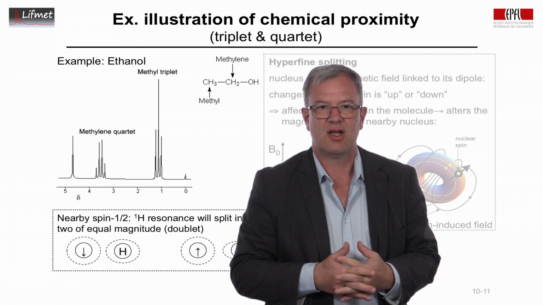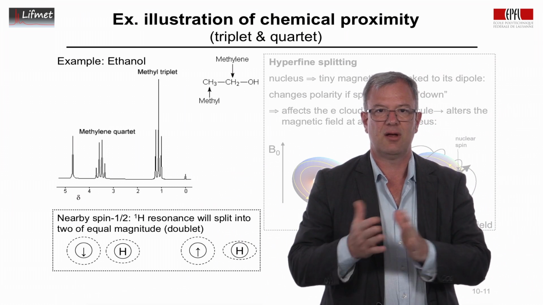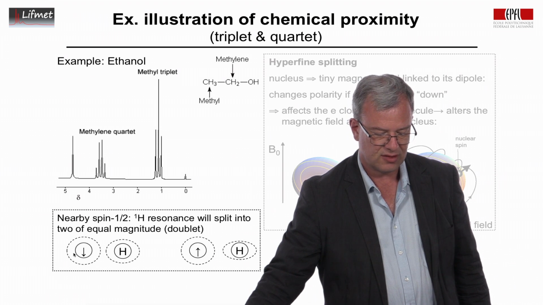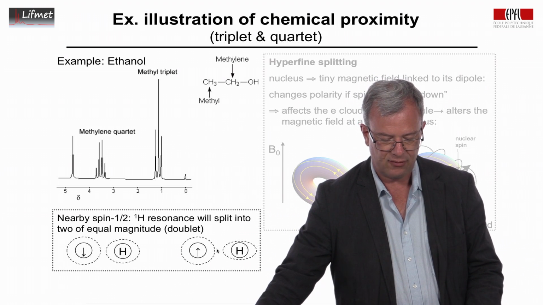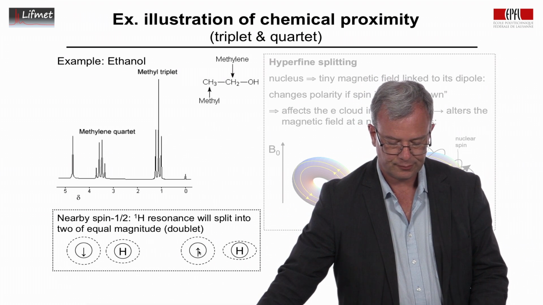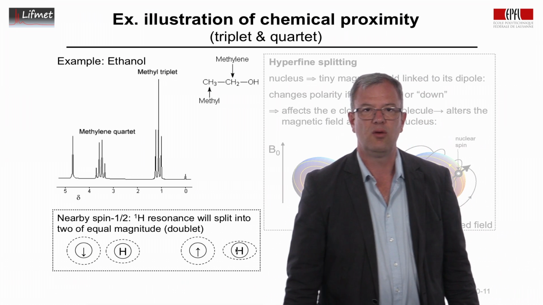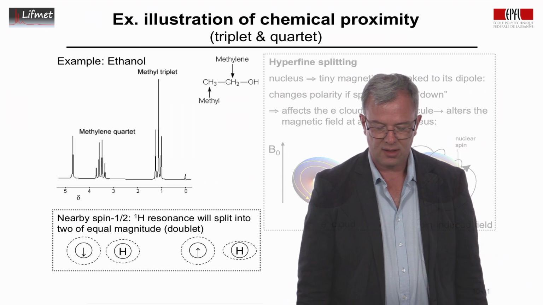So it is essentially 50% up or down. And so the number of protons that see a spin up or a spin 1/2 down is the same. And therefore, we're seeing this signal split into 2 peaks of equal magnitude, and that's called a doublet.